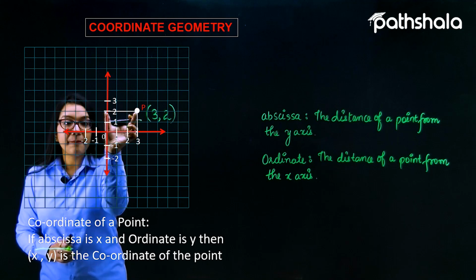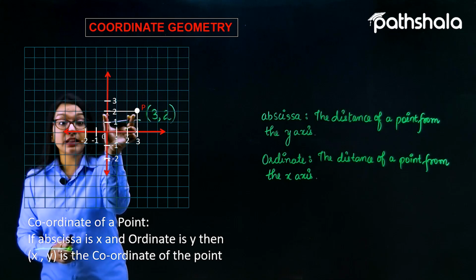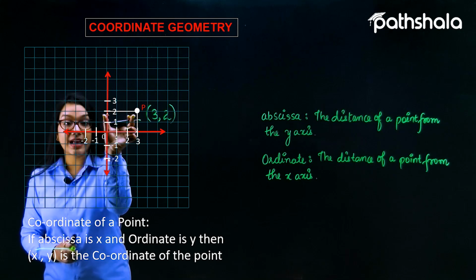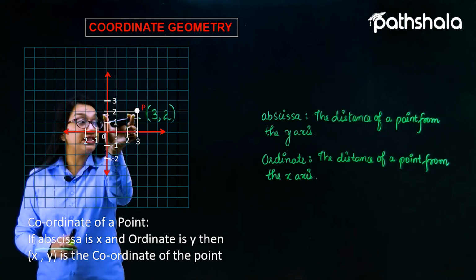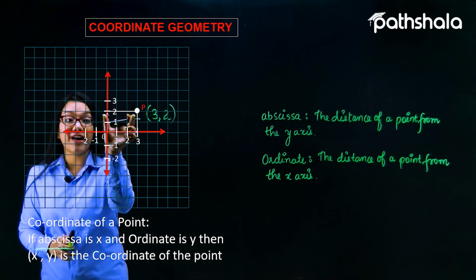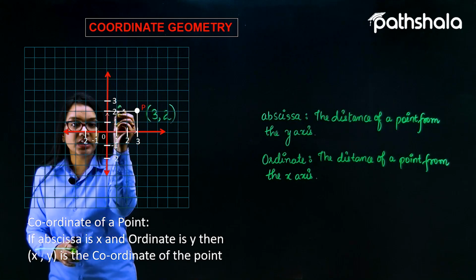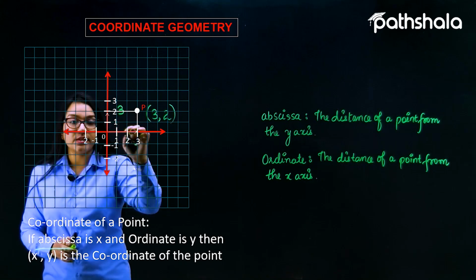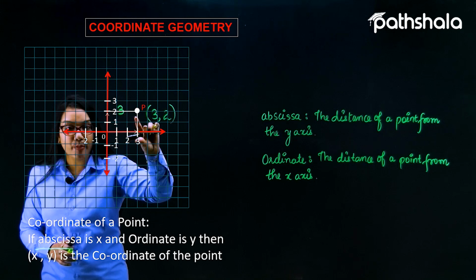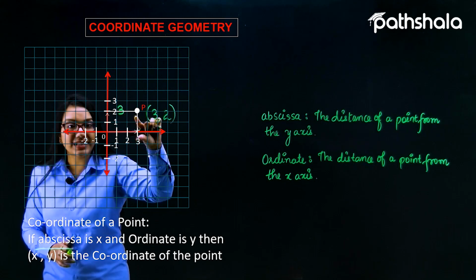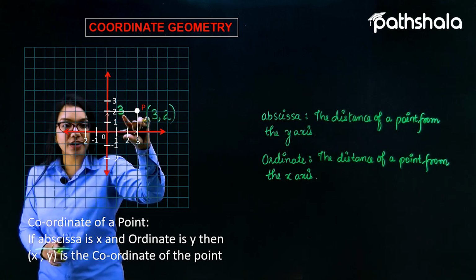So this distance, which is called abscissa, that is the distance of a point from the y-axis, is a 3 unit distance. And we can see that the point's distance from the x-axis is actually 2 units.